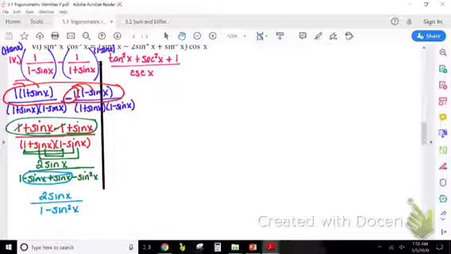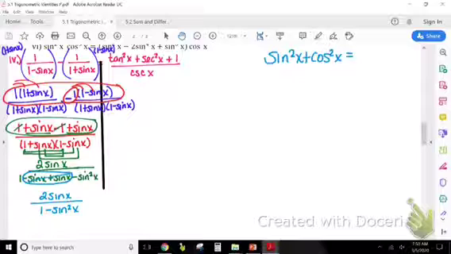1 minus sine squared. That sounds like a Pythagorean identity possibly, right? So we know, remember that sine squared plus cosine squared equals 1, right?